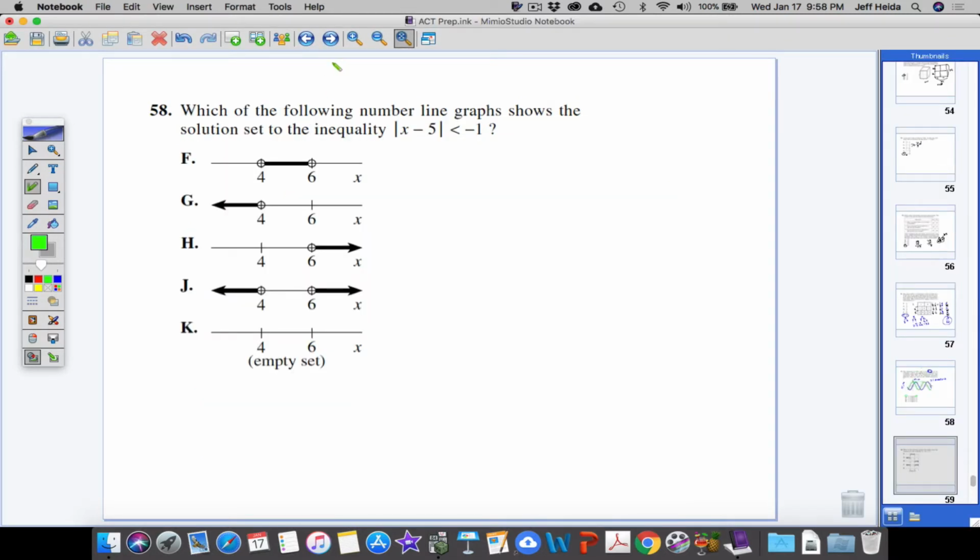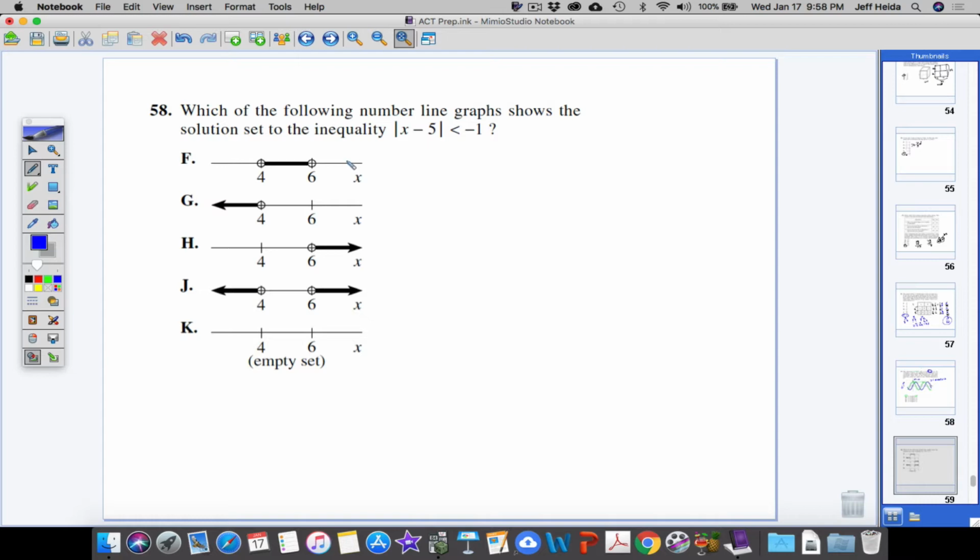Problem number 58. Which of the following number line graphs shows the solution set for the inequality the absolute value of x minus 5 is less than -1? All the absolute value does is tell you the distance you are from the origin. Absolute value is always positive.